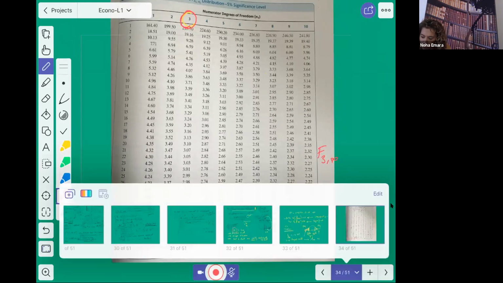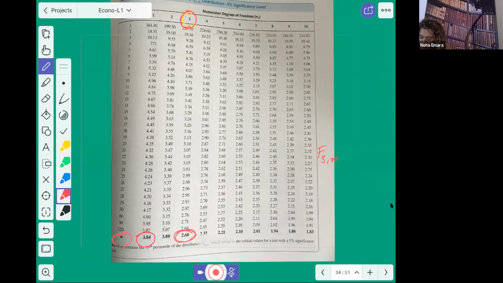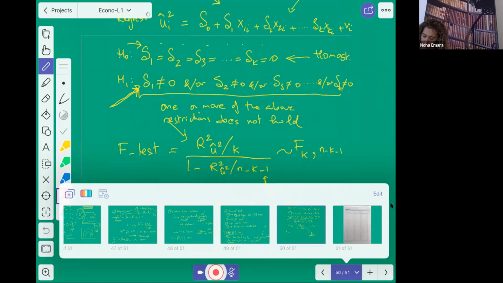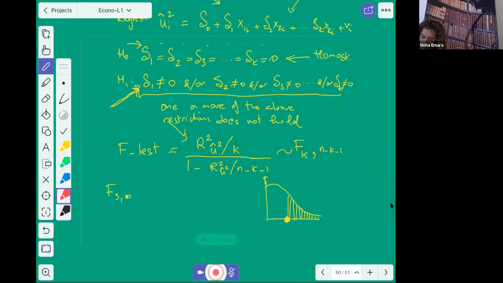So let's say the F3 is 2.6. If I have only 3 X's, then 2.6 is the critical value. Remember, if we are in the rejection region, then I'm going to reject the null of homoskedasticity and say I have heteroskedasticity.